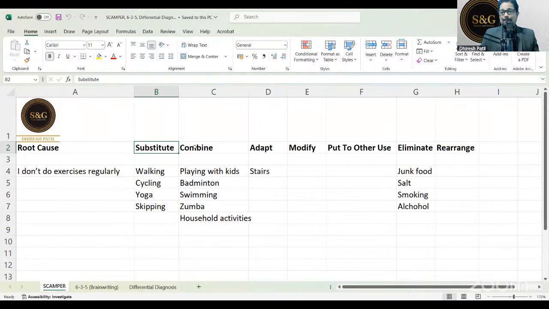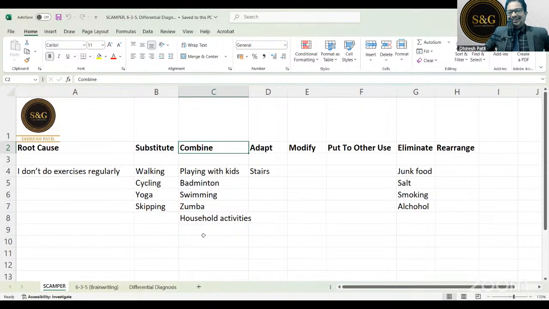Now let's take combine. Scamper is a short form, right? SCAMPER. Let's say combine. What can you combine that can serve as exercise? For example, playing with kids, badminton, swimming, Zumba, and household activities.